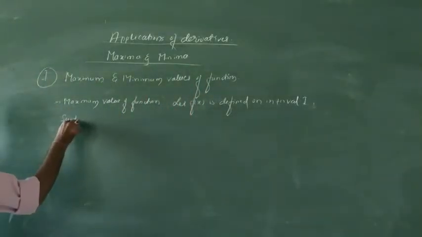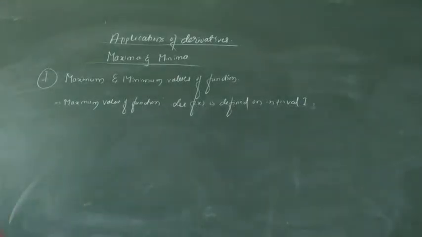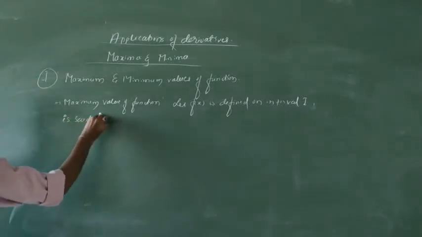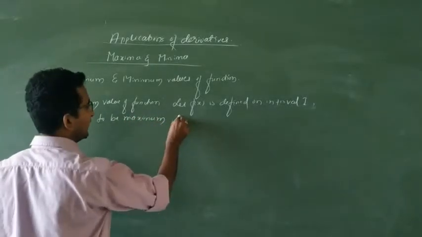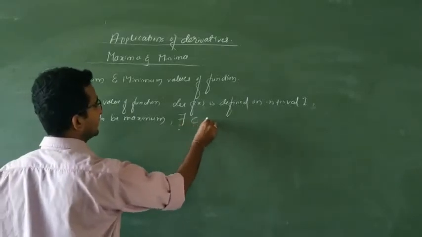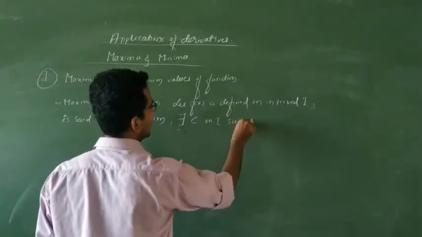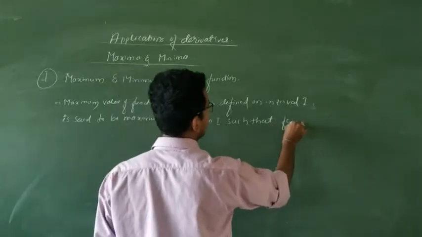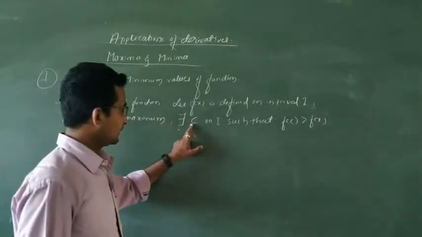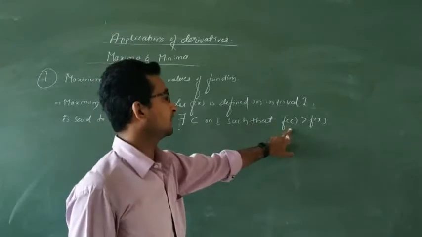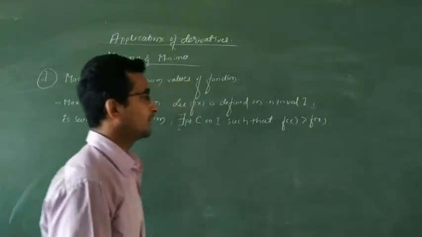A function f of x defined on interval I is said to have a maximum if there exists a point C on I such that f of c is greater than f of x.